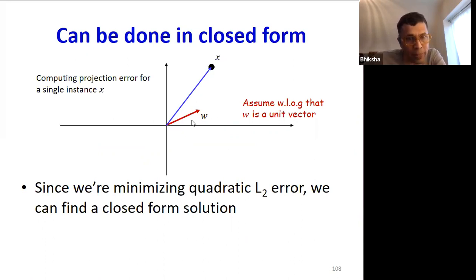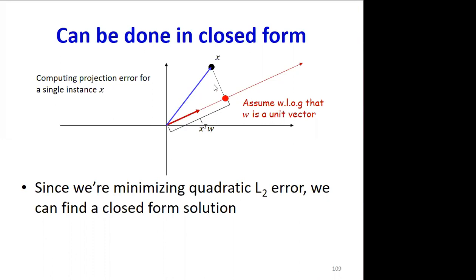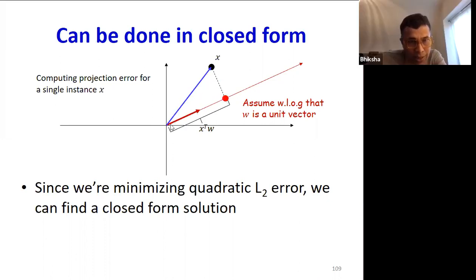So let's say the principal subspace has this basis W, which is a unit vector. Then you can find the projection of the vector onto the principal subspace by just taking the inner product between X and W, which is X transpose W. The squared length of the dotted line, by Pythagoras theorem, is going to be the squared length of the blue line minus the squared length here.